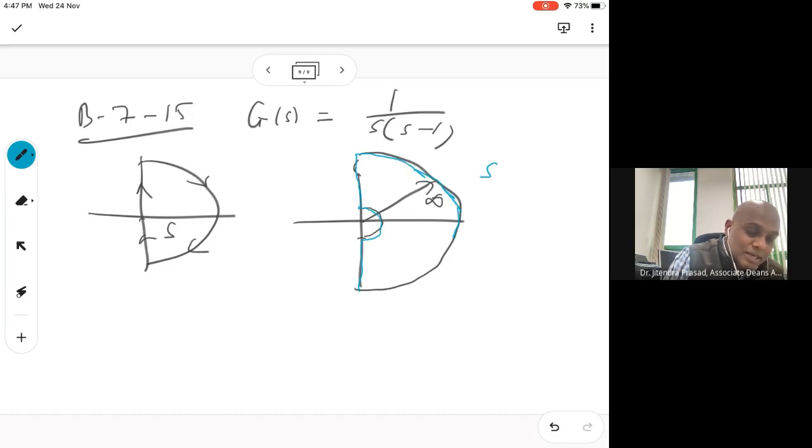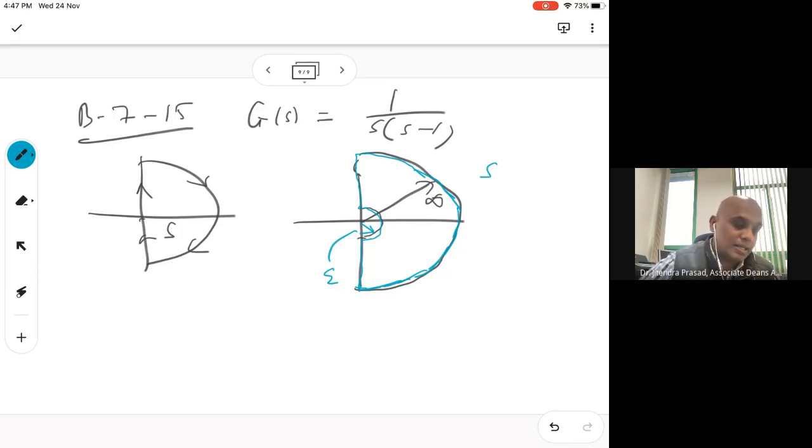Wherever it's not defined, you will avoid it. So you will take a small epsilon, and for that you can put epsilon tending to 0, and that way you can find out. So that's what you have to do in this case. Otherwise, the process remains the same. Okay. Now 16, 17. Okay.